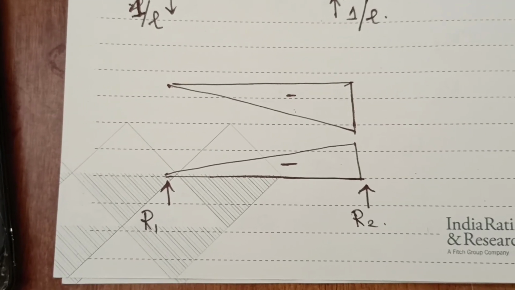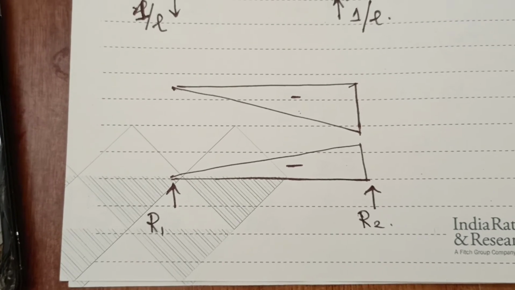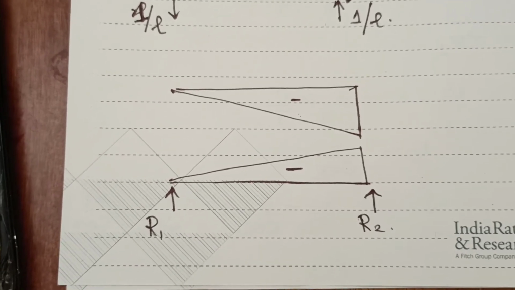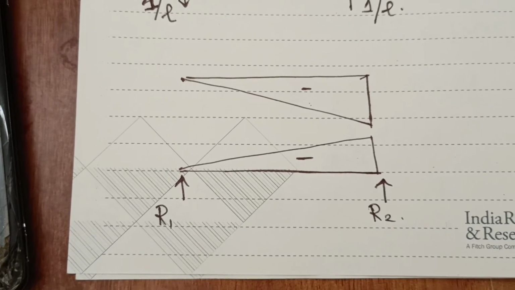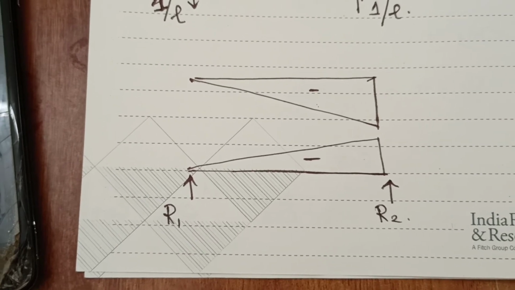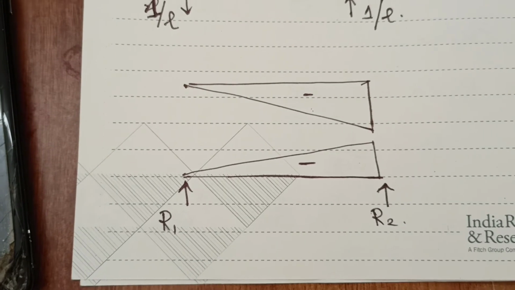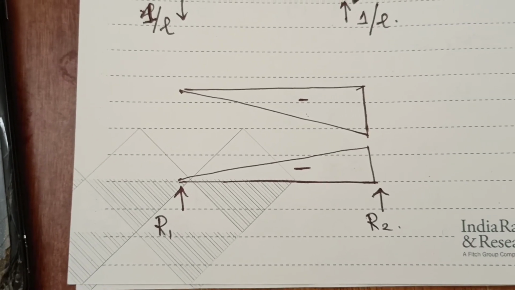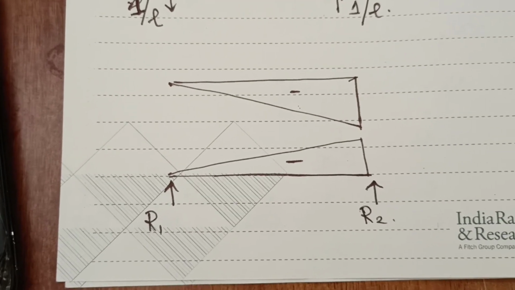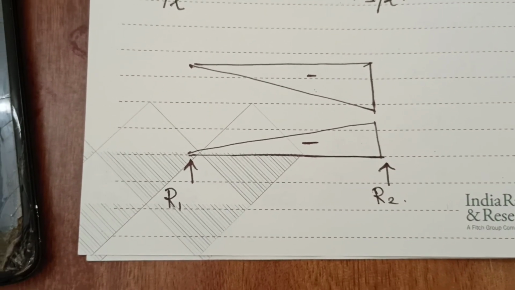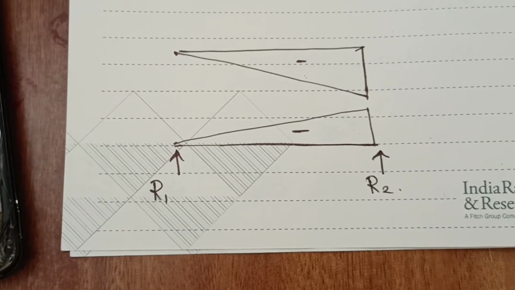By drawing a conjugate beam for this case, what we get is an M by EI diagram loaded on the structure. Here the M by EI diagram will be loaded from downwards, or what we have to draw is an upward diagram with negative sign. So here I am taking an upward diagram with negative sign.